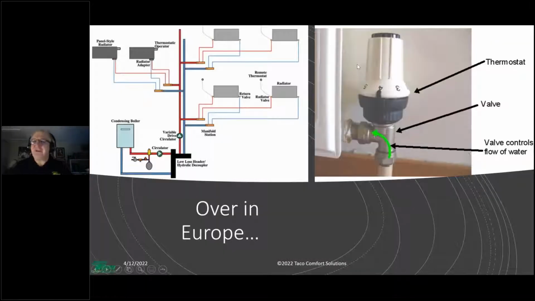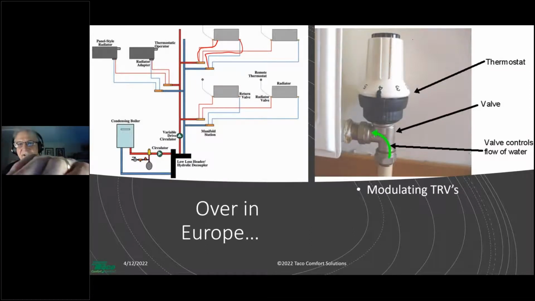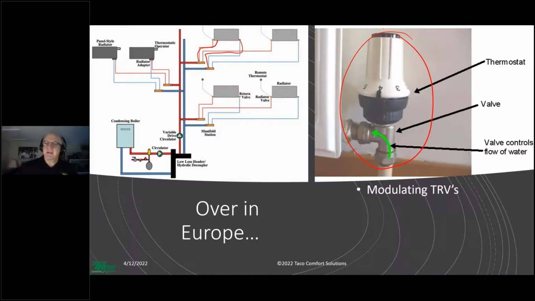Over in Europe, this is your typical traditional residential hydronic heating system. You have panel radiators that are supplied with a home run, like you see here, off of a central manifold. It's a dedicated supply and return to each panel radiator, usually one radiator for each room, controlled by a modulating thermostatic radiator valve. Unless it's a radiant floor heating system, not a lot of thermostats over there in typical residential applications.